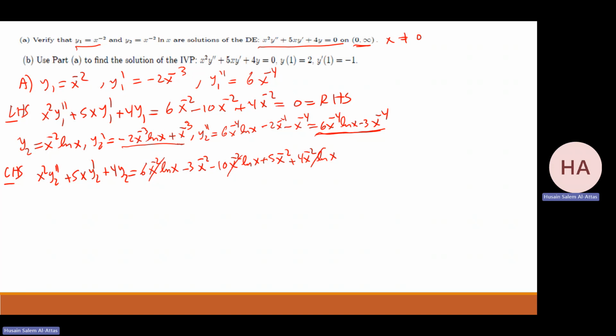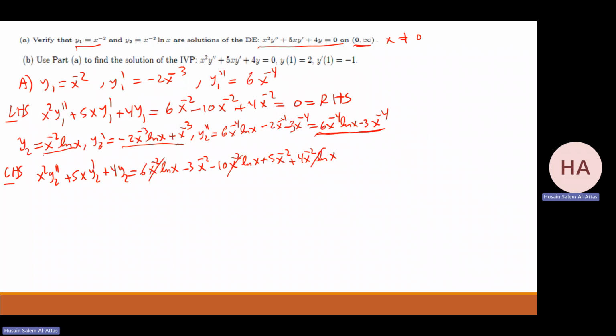Let me do the calculation again. This one is what? Minus 2x to the minus 3 ln x plus x to the minus 2 times 1 over x, which is x to the minus 3. This is okay. Now y2 double prime will be 6x to the minus 4 ln x, minus 2x to the minus 4, minus 3x to the minus 4.